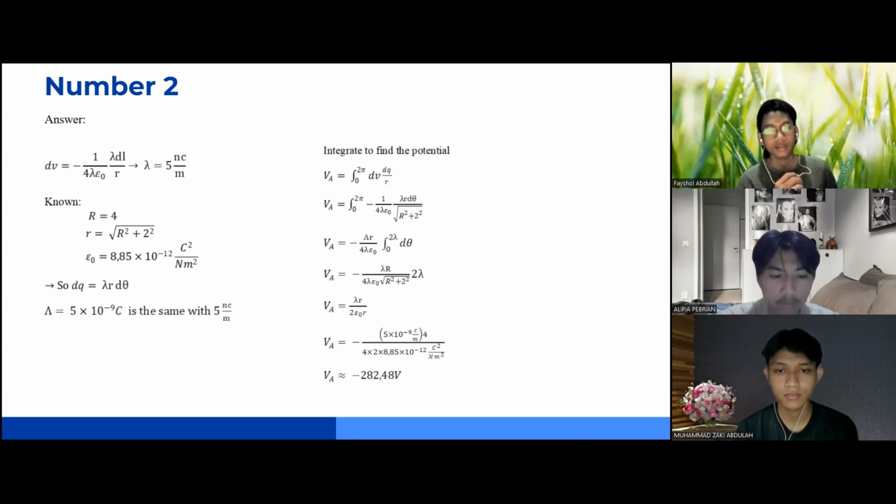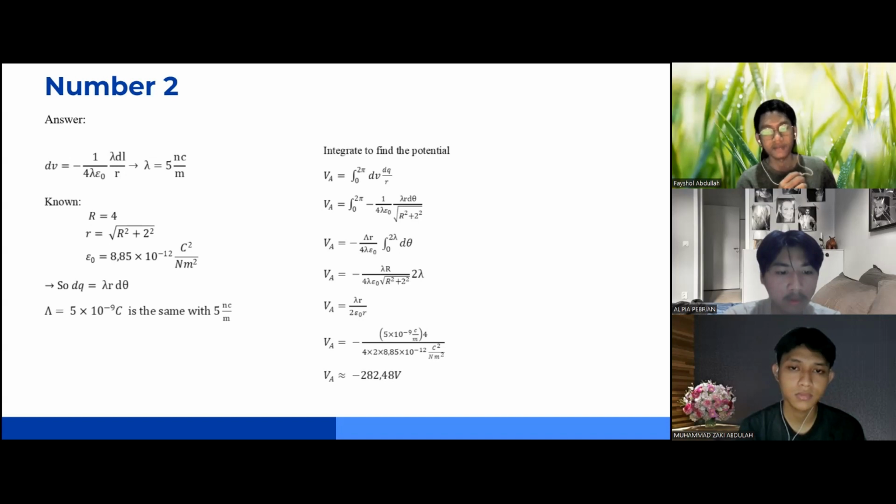So we can integrate to find the potential, which is VA equal to the integral from 0 to 2π of dV, which is dq over R. So VA is equal to the integral from 0 to 2π of 1 over 4π ε0 times λ R dθ over the square root of capital R squared plus z squared.